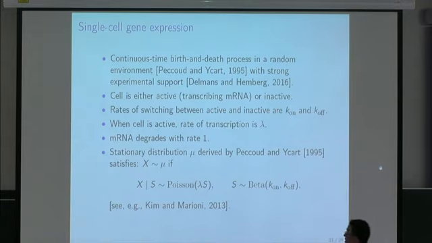So that's quite nice. What it means in this context is that if you were to observe noisy observations of mRNA levels, then you don't need to use coupling from the past or whatever to simulate stationary samples from your Markov chain. You can just sample from this.